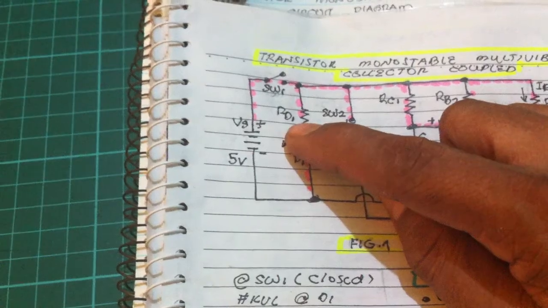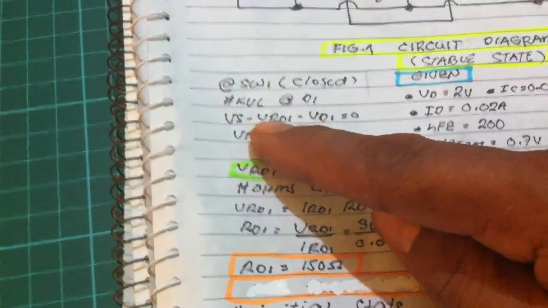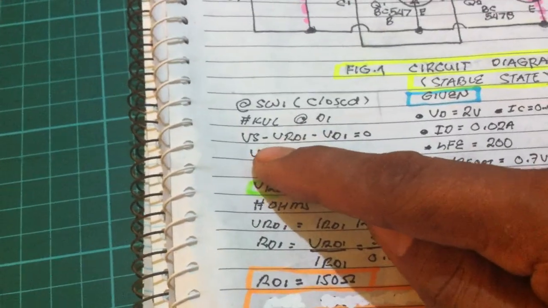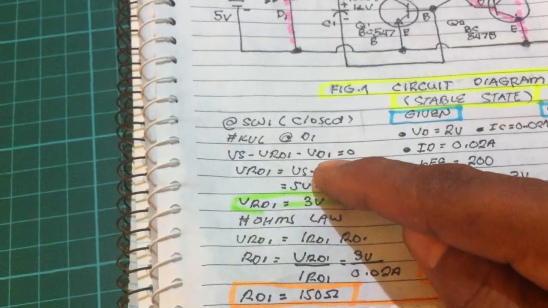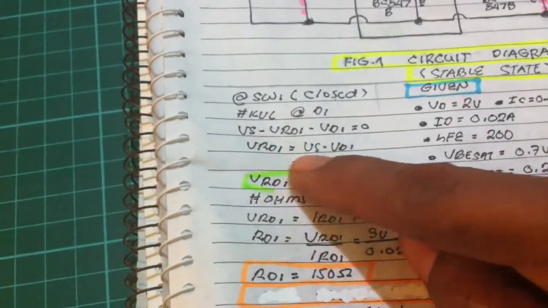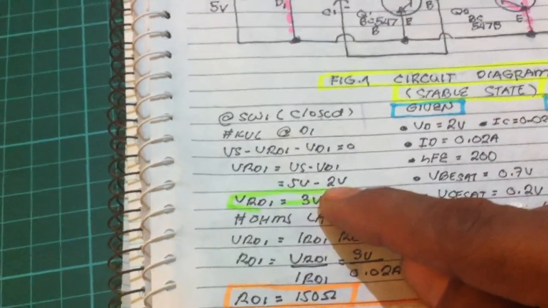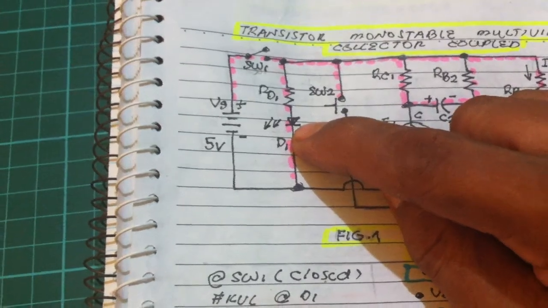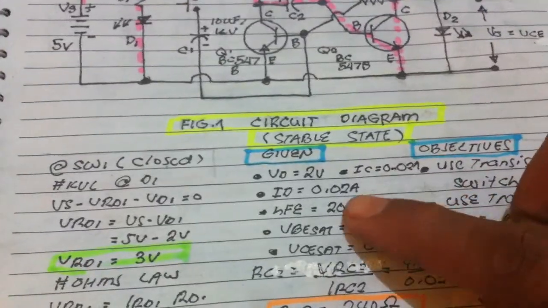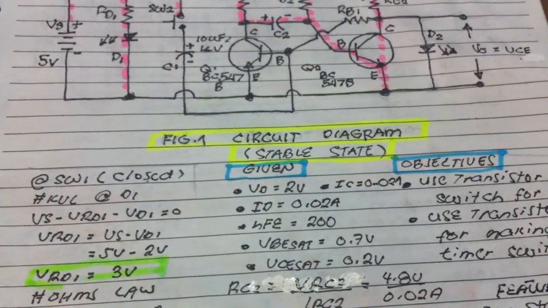Computing the value of the resistor using KVL, Kirchhoff's voltage law: voltage supply minus the voltage drop across the resistor and the LED. The voltage drop across the LED is 2 volts. That is given in the data sheet of the LED.